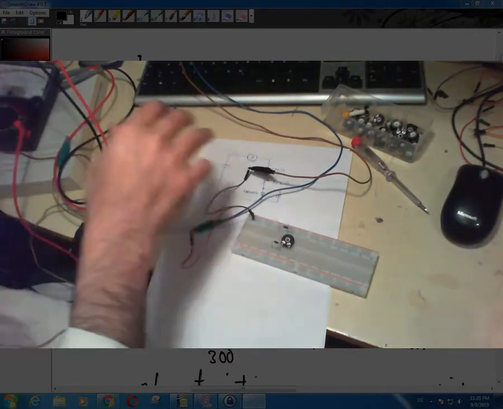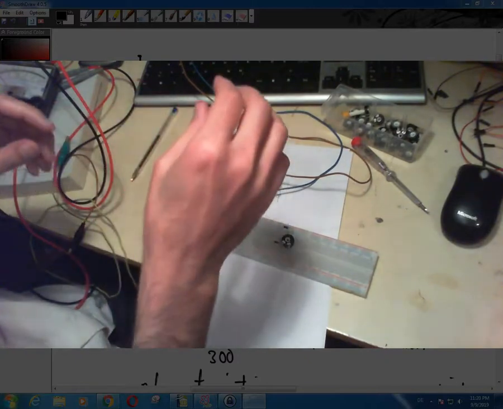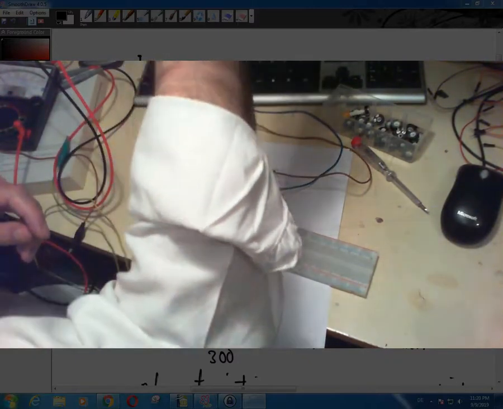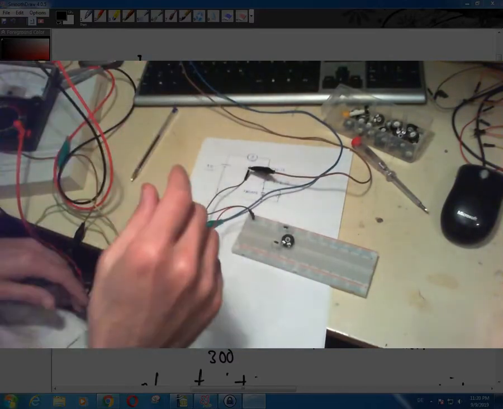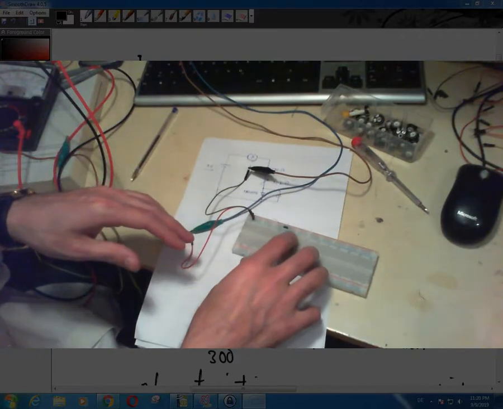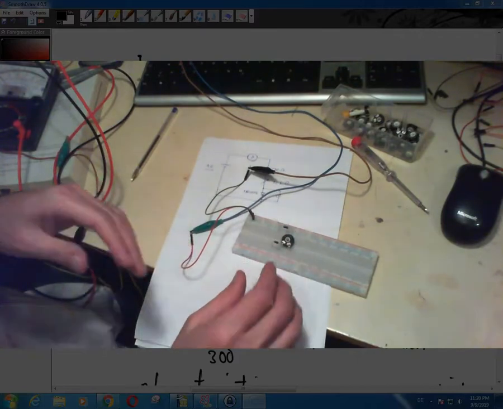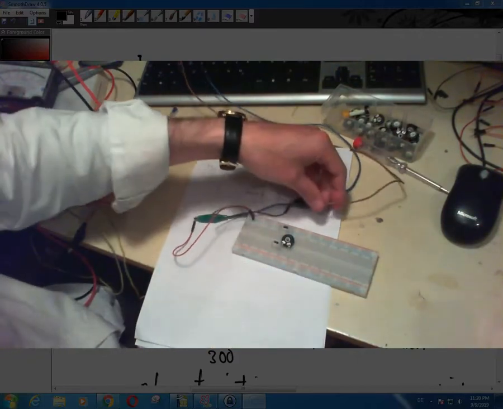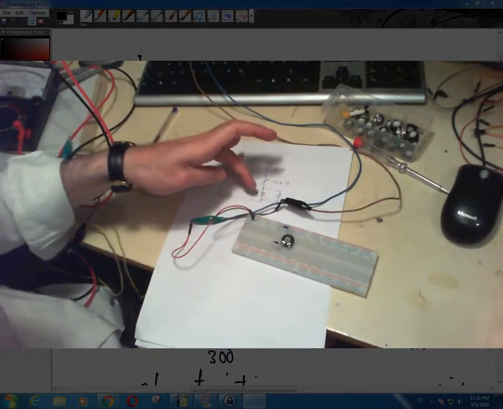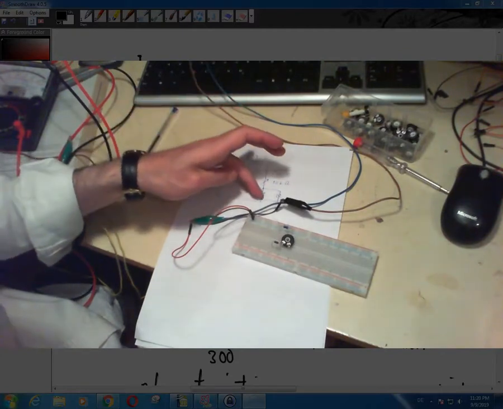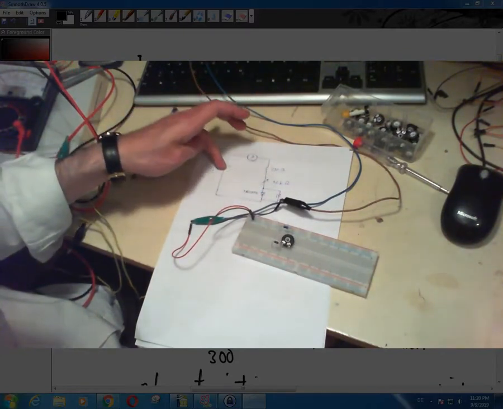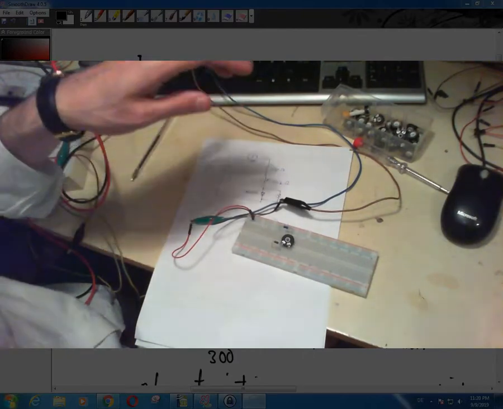Now my power supply is actually connected to the board. Just for the sake of caution, I connect the wire from the power supply temporarily because I want to set this up still. So now the rest of the circuit: I have to connect the cathode of this diode to the negative of the power supply.